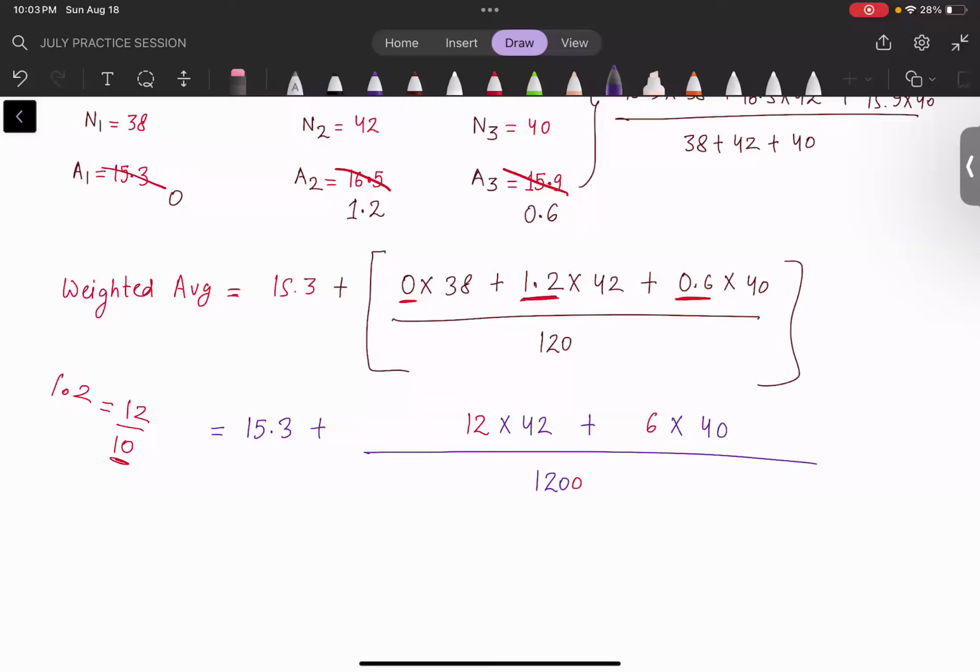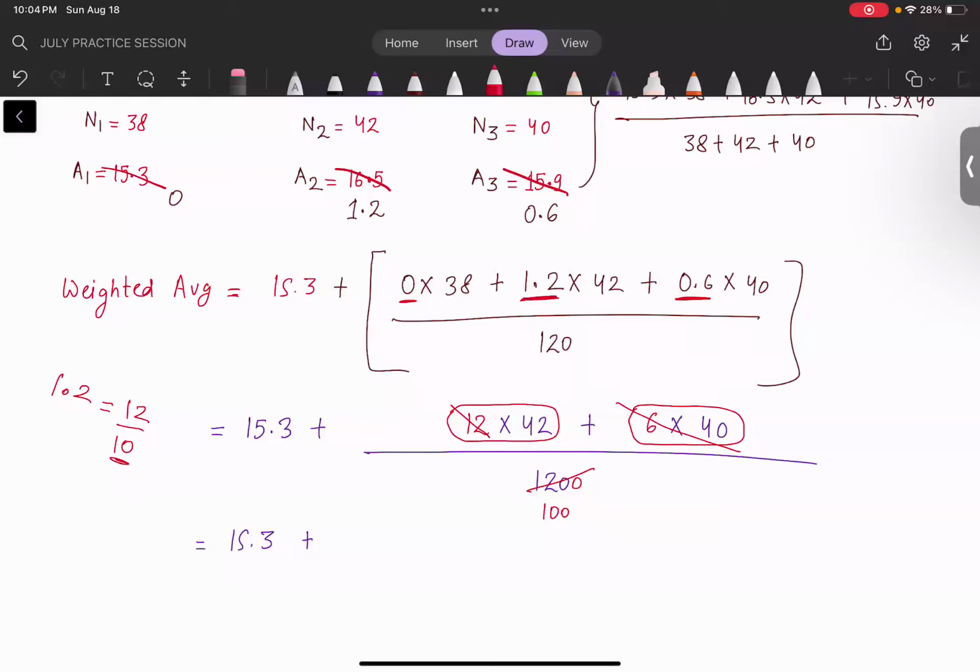Okay. Now we have to just solve it. Let's see. 15.3 plus. There is one more thing I will do. Carefully observe. 12 into 100. Okay, 12 is cancelled. 12 I will cancel from this part also. So 12 into 1. And I will cancel one more thing. In this also I have to cancel 12. So this actually is 40 into 6. That is 240.